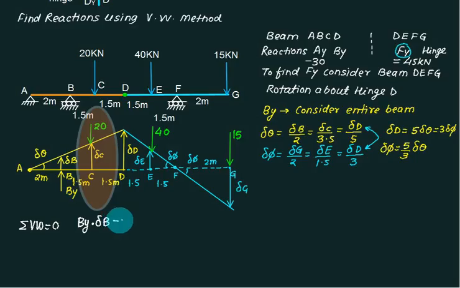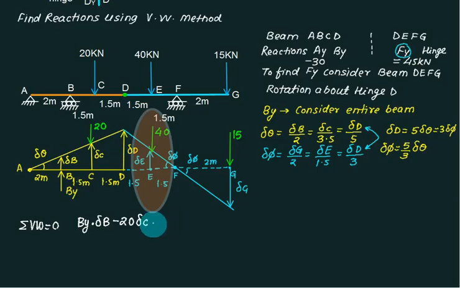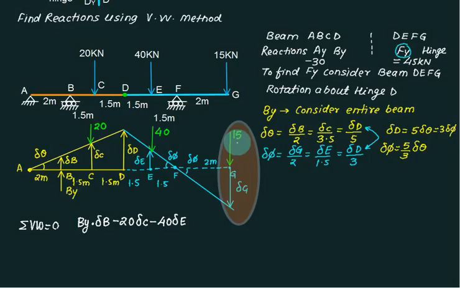Delta C is a negative value because they are acting in opposite direction. No force acting at D, so we'll skip this. 40 and delta E is a negative combination. 15 and delta G both acting downward is a positive combination.